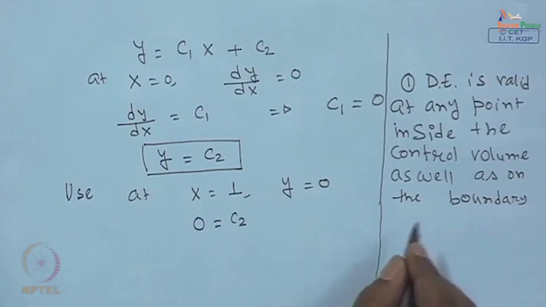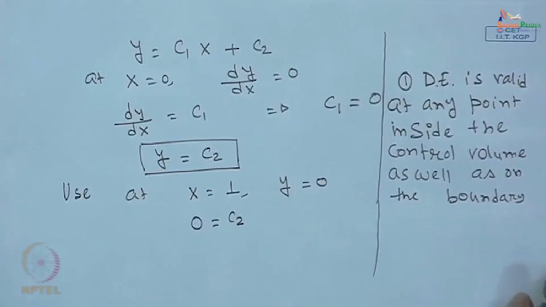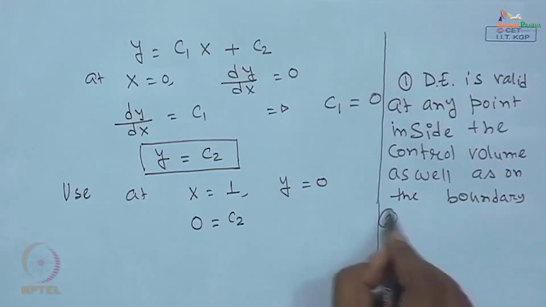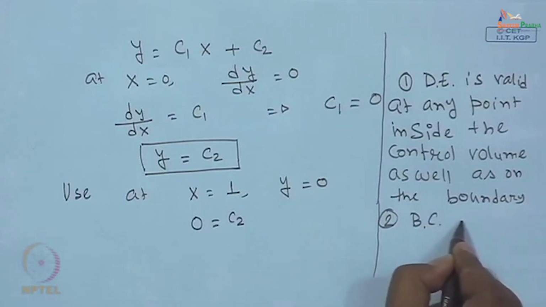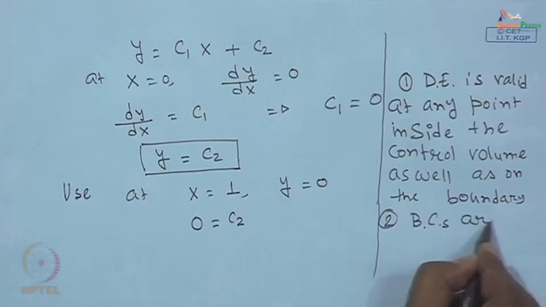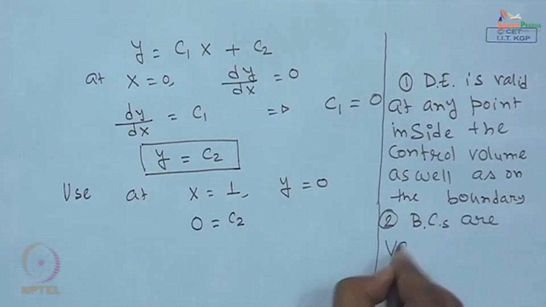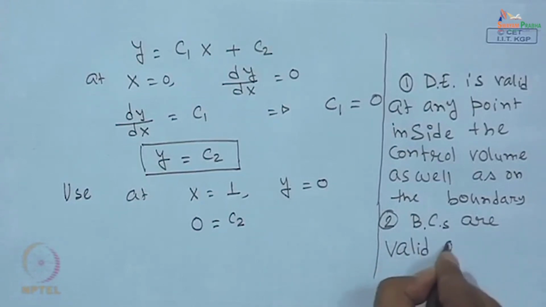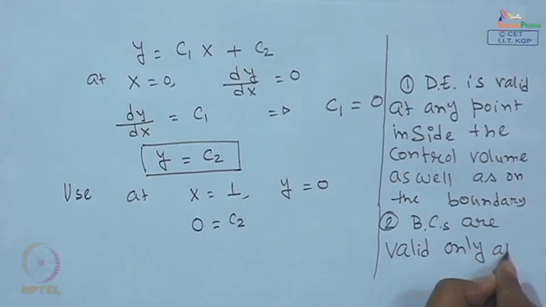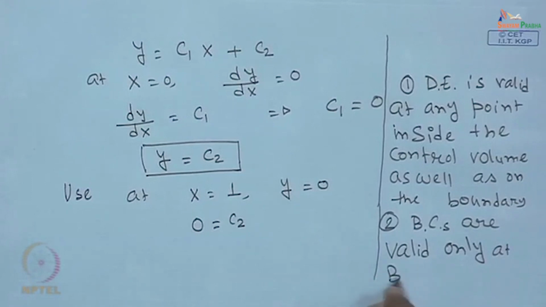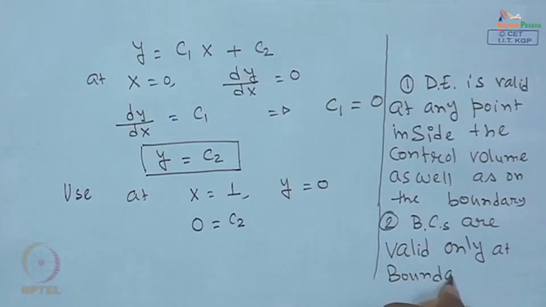On the other hand, the boundary conditions are valid only at the boundaries. They need not be valid within the control volume.